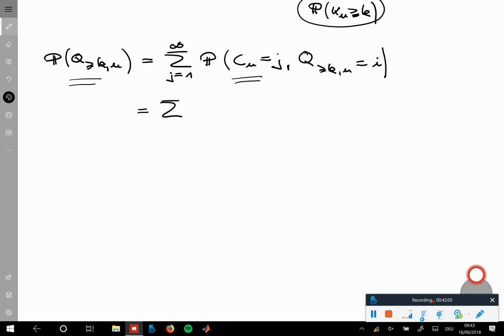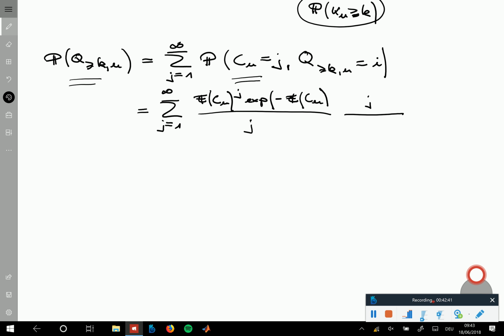And we can basically put in the respective forms. So we have the Poisson form, which I'm just writing out. The Poisson form of the marginal distribution of Cu is this, and the binomial form of the conditional distribution is this, if you write out the binomial coefficient.